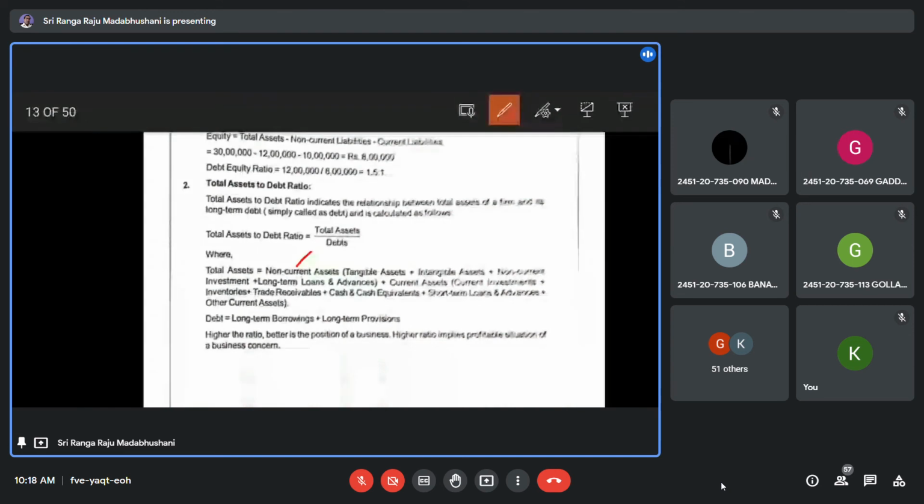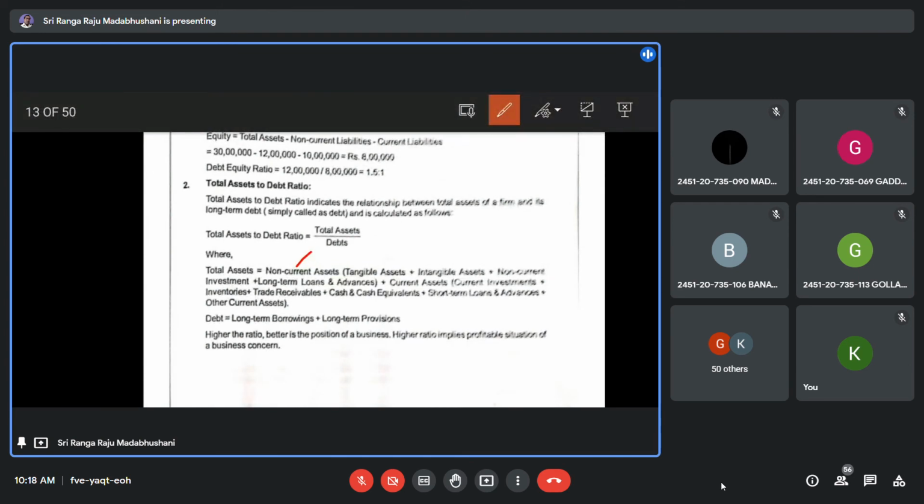If the ratio is higher, then that is positive. The more assets you have and the less liability, you get that idea. If assets are more and your borrowings, your debt, are less, then the financial position is good and sound. If the debts are more or assets are less, then the financial position is weak.